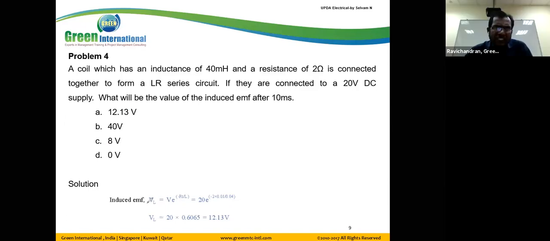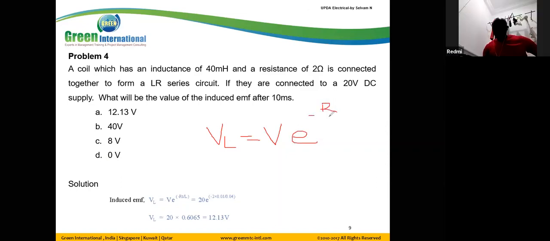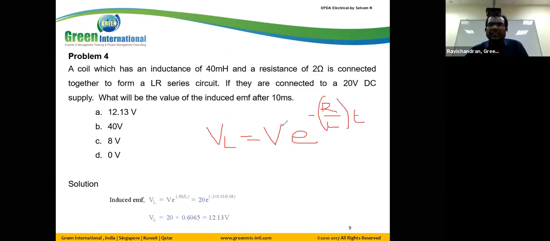So formula for induced EMF, VL is equal to V into e to the power of minus R by L into T. This is the formula for the induced EMF. They ask for 10 milliseconds.